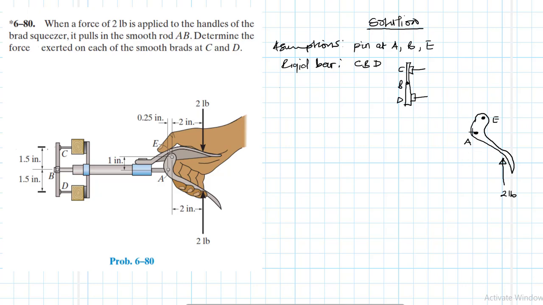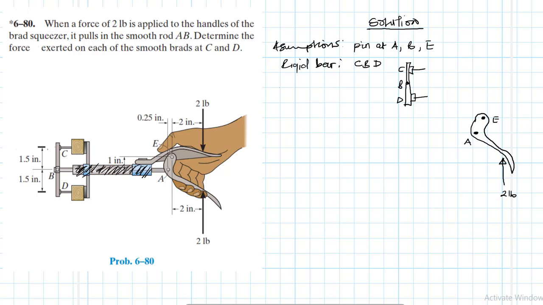And then since we have a pin at A and B, therefore member AB, and we've been told that this rod AB, as it moves in this assembly, there's no friction, it's smooth, between the surface of this bar and the inner surface of this assembly.